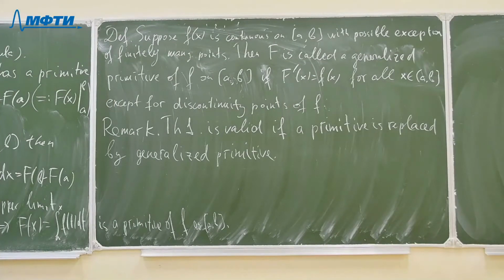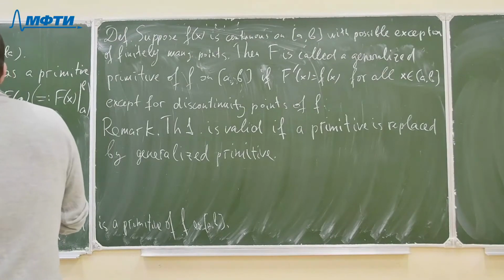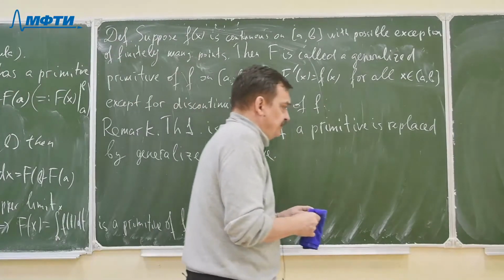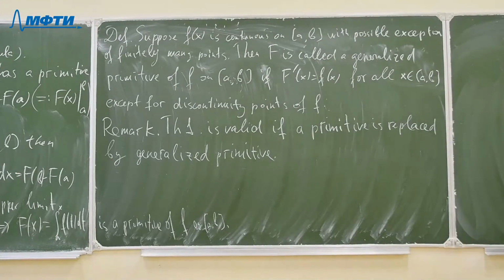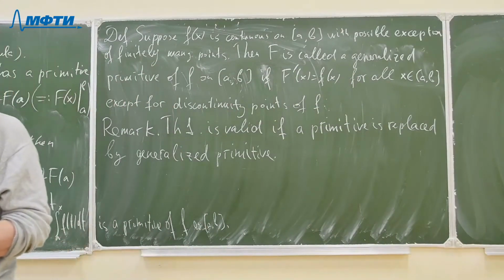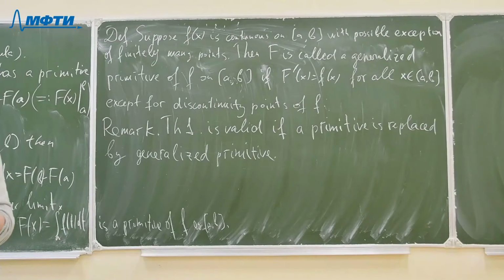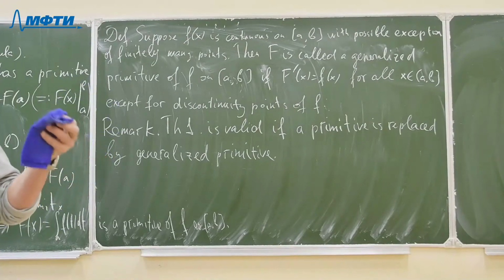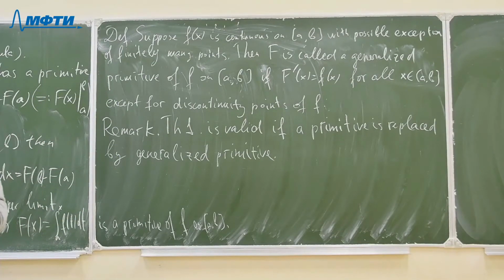So now this theorem gives us a possibility to compute Riemann integrals without definition, because it was a very bad idea to try to use the definition of integral to compute the integral, because how to compute limits of those integral sums, that is very complicated.